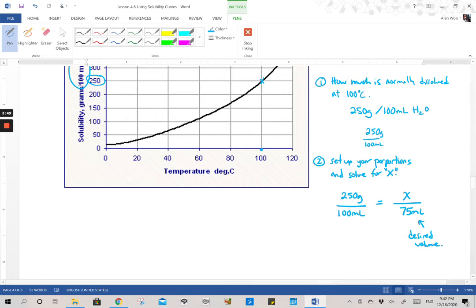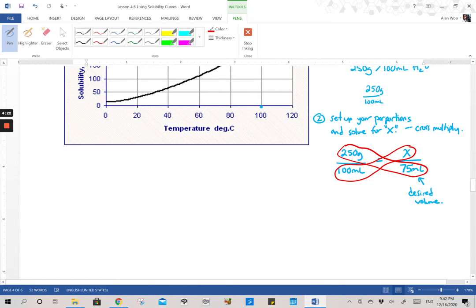Now, when you solve for x, the best way to do this is to use cross multiplication. So cross multiply. We've done this before. So x times 100 milliliters is equal to 250 grams times 75.